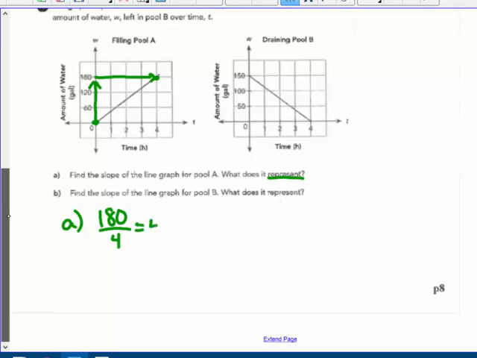It means that the water is increasing by 45 gallons per hour. It's a rate. It has two labels. 45 gallons per hour, the water is filling. That's what A is. What does it represent? 45 gallons per hour. So I'm putting the labels because this is graph paper and it has labels on it.